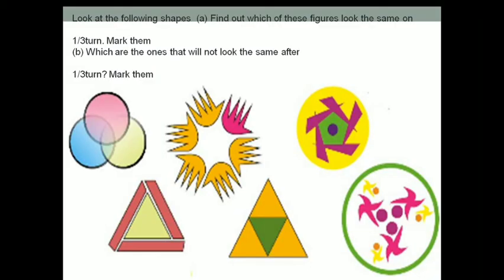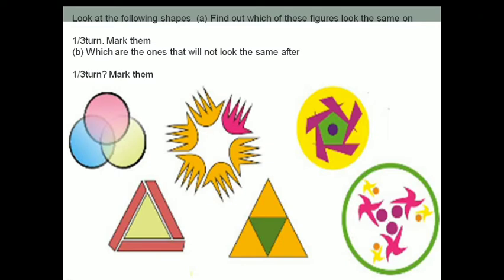Look at the following shapes and find out which of these figures look the same on a 1/3 turn, and mark them. Question B is, which ones will not look the same after a 1/3 turn, and mark them. There are two groups of diagrams, so they are asking the same question twice.